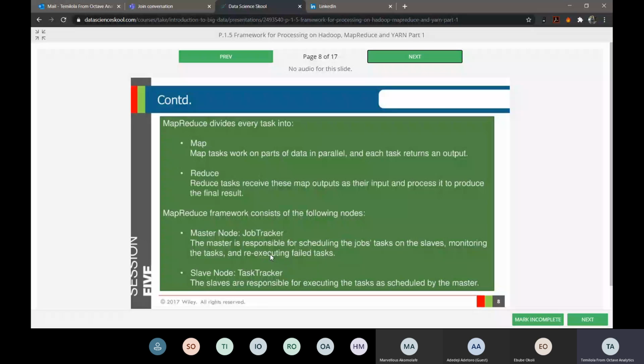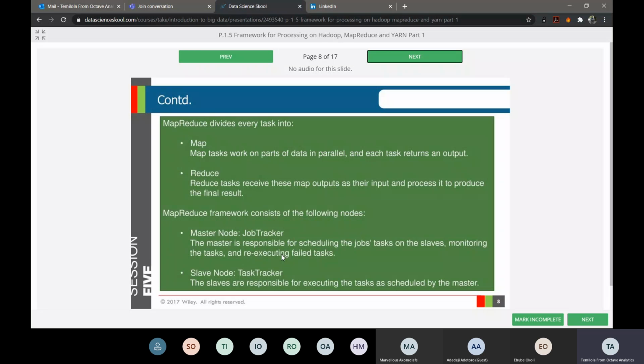And if you remember in our last class, I told you about the name node and the data node. Right now, the name node and the data node are what you have for your HDFS, your Hadoop distributed file system, when we're talking about the architecture of HDFS. But now, those two things have the same relationship in MapReduce.